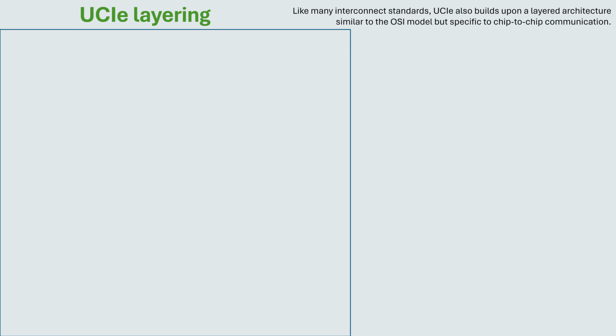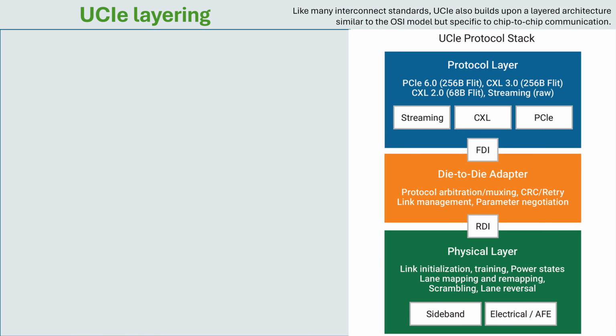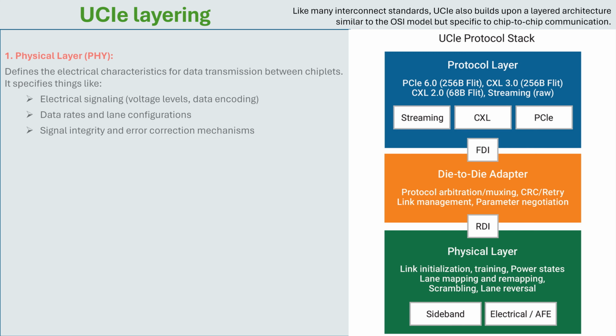Like many interconnect standards, UCIe also builds upon a layered architecture similar to the OSI model or even the ODSA communication stack. But UCIe layering is specific to chip communication. This is the UCIe protocol stack. You can clearly see 3 layers: protocol layer, die-to-die adapter, and physical layer.